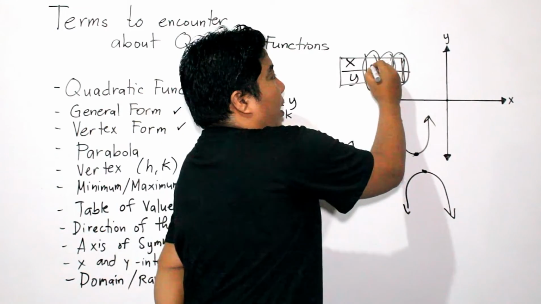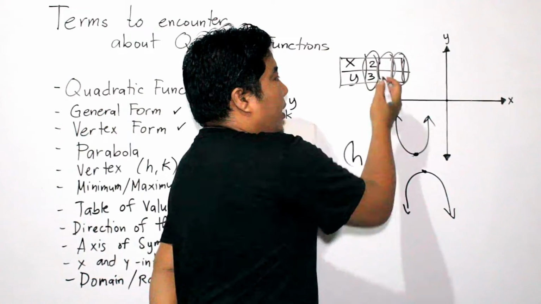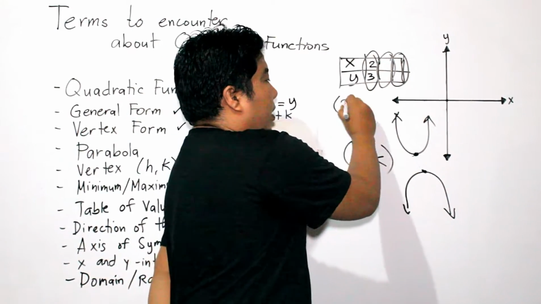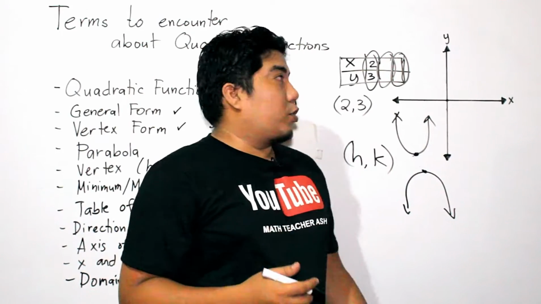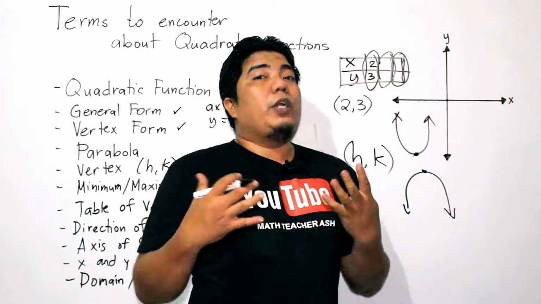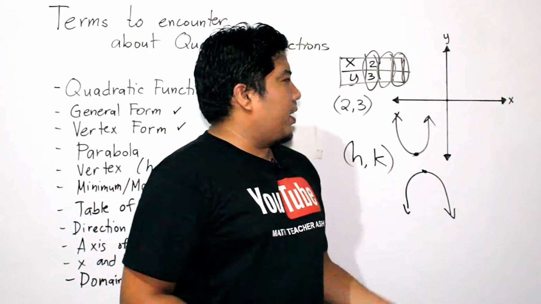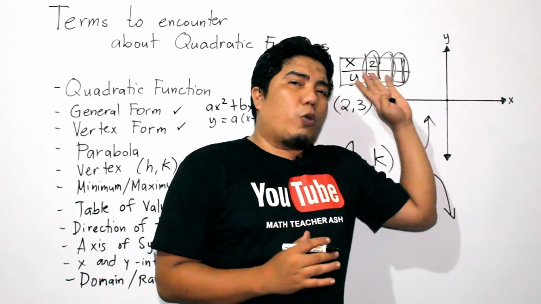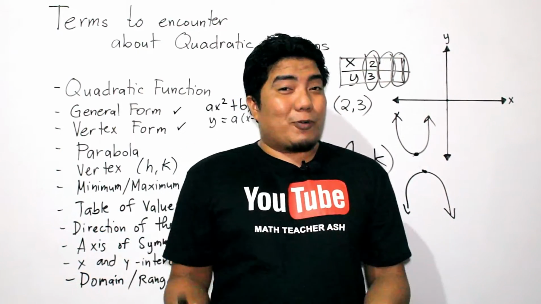Example, if we have 2 for x and then 3 for y, meaning that your ordered pair is located at 2, 3. Okay, so if you have a series of coordinates in your table of values, then it would be very easy for you to plot those coordinates in your Cartesian plane, and eventually it will become your graph.